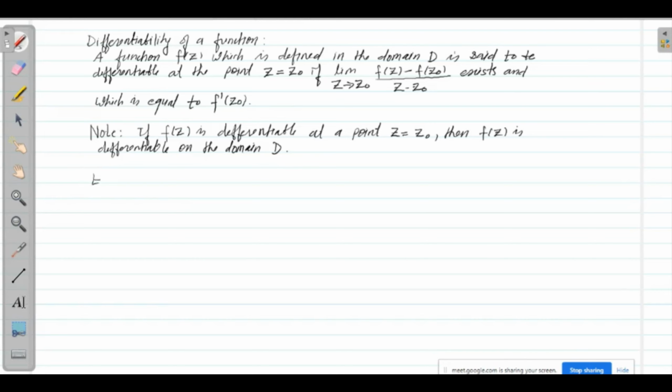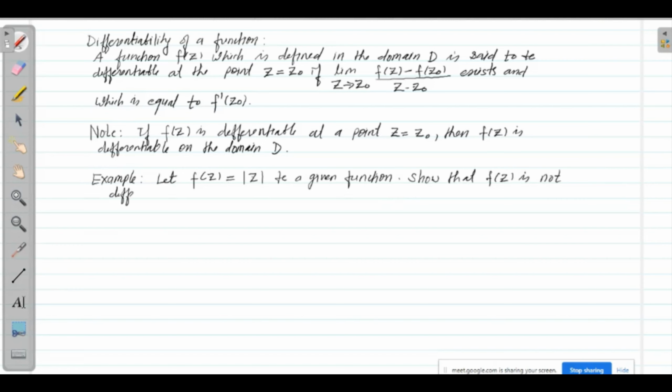So example: let f of z equal to mod of z be a given function, so that f of z is not differentiable at z equal to 0.